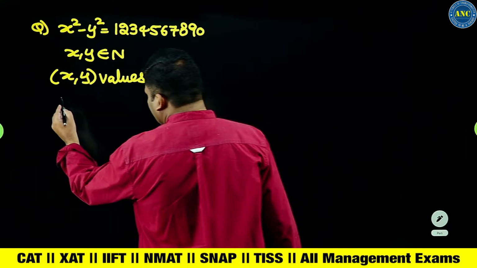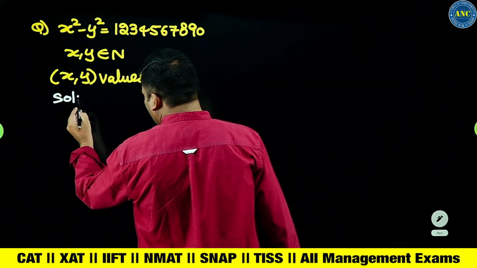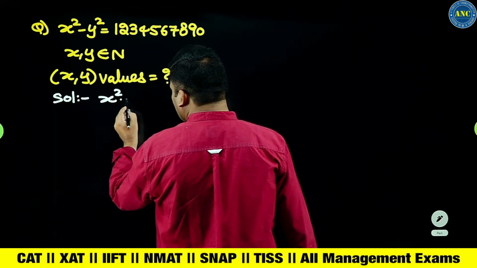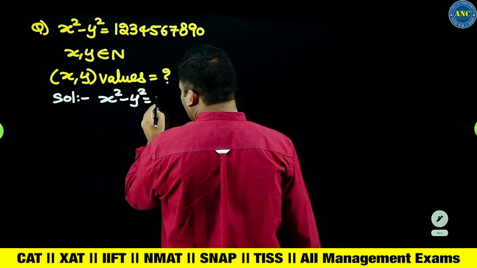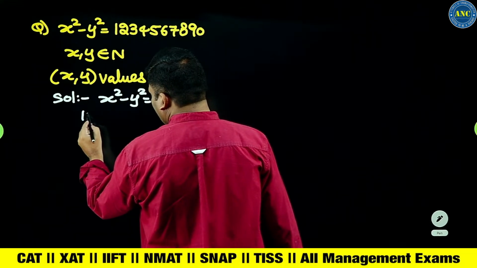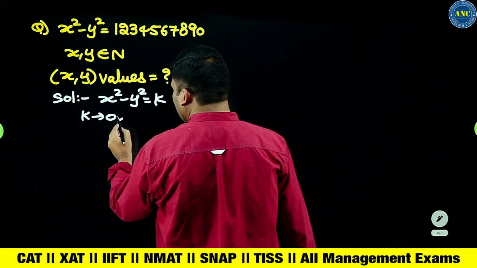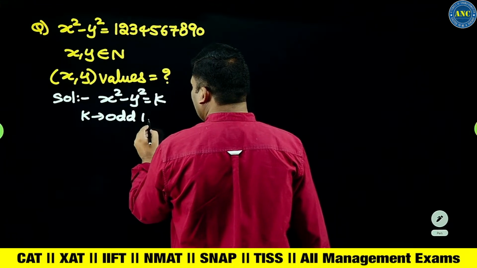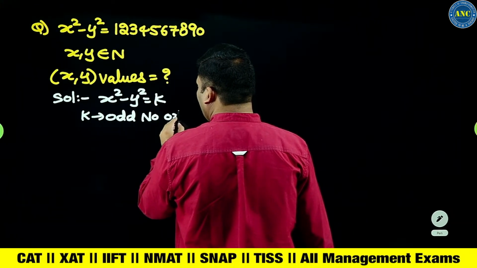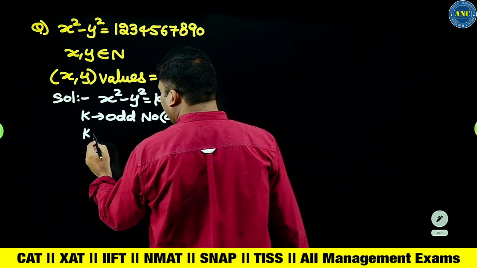What is the concept that we discussed? If the equation is of the form x square minus y square equivalent to k, this equation has integral solutions only if k is an odd number or k is divisible by 4.